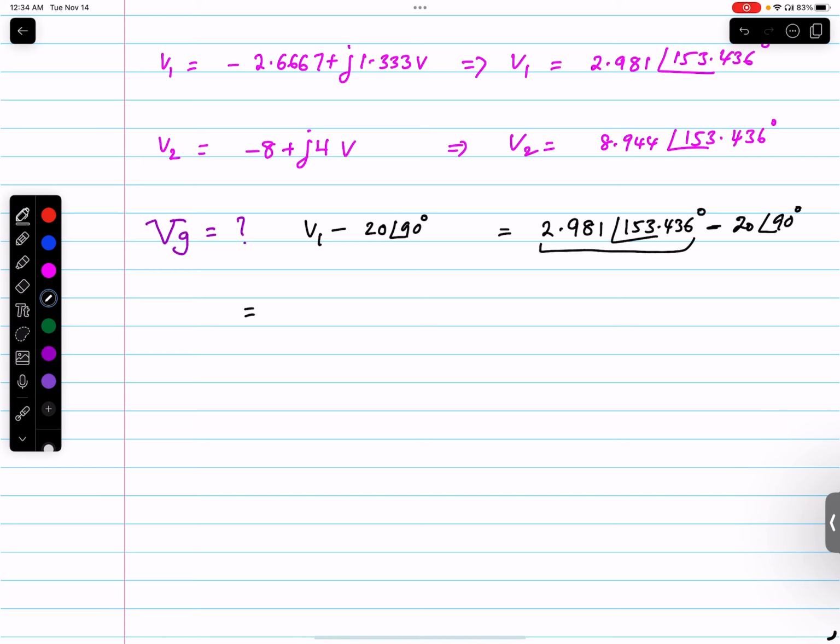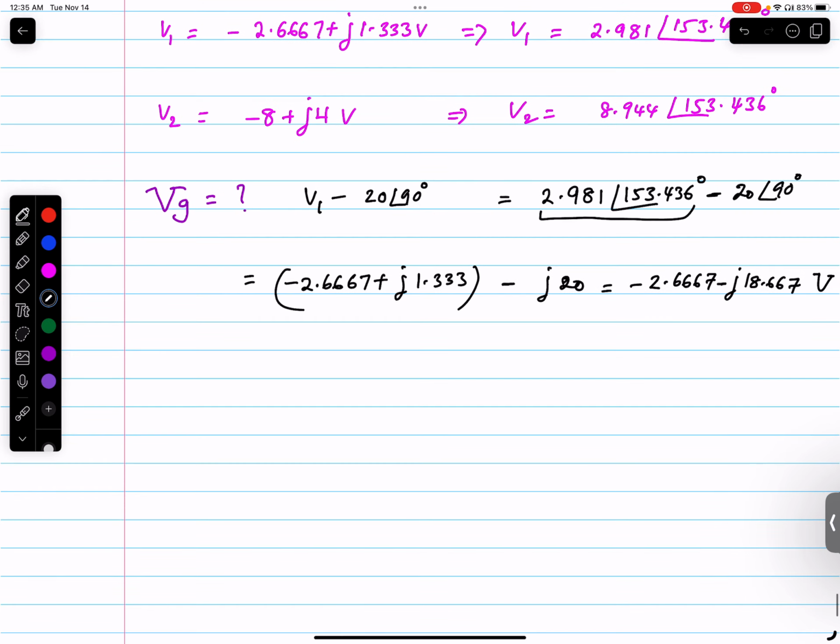So this becomes negative 2.6667 plus J1.333, okay, we know this already. We have seen V1 minus J20, so it should give you negative 2.6667 minus J18.667, all of that in volts.